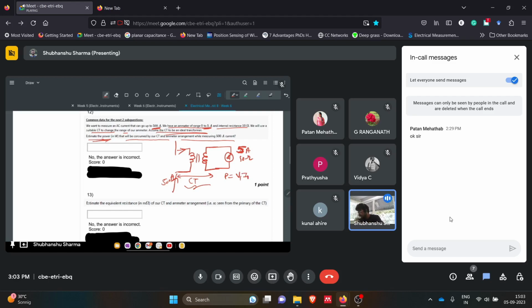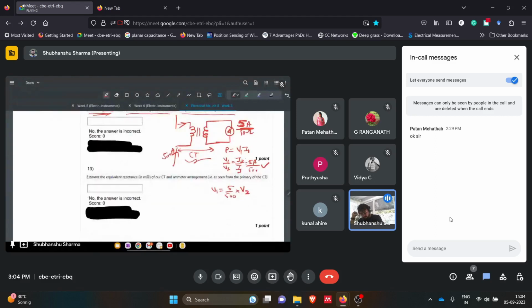We know V1 by V2 equals the ratio I2 by I1. I2 we know is 5 ampere, I1 we know is 500. So V1 will be 5 by 500 into V2.